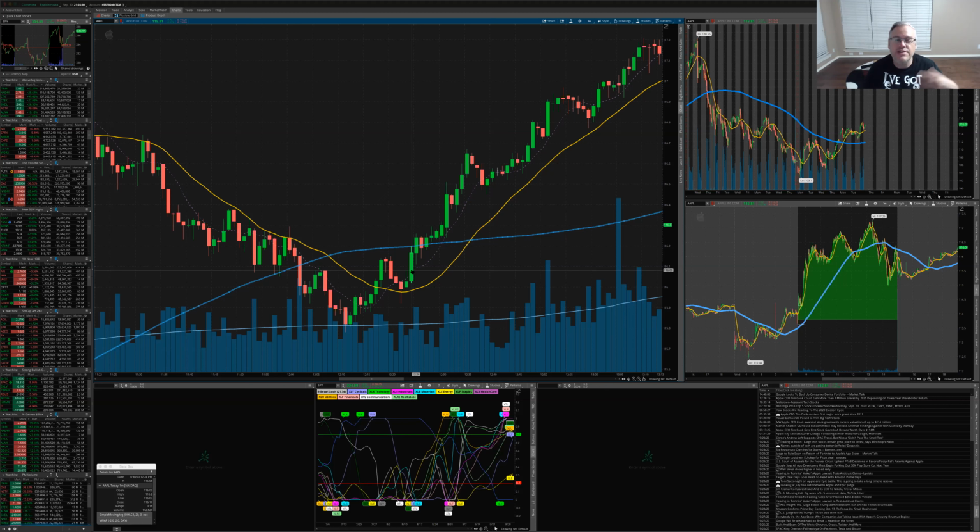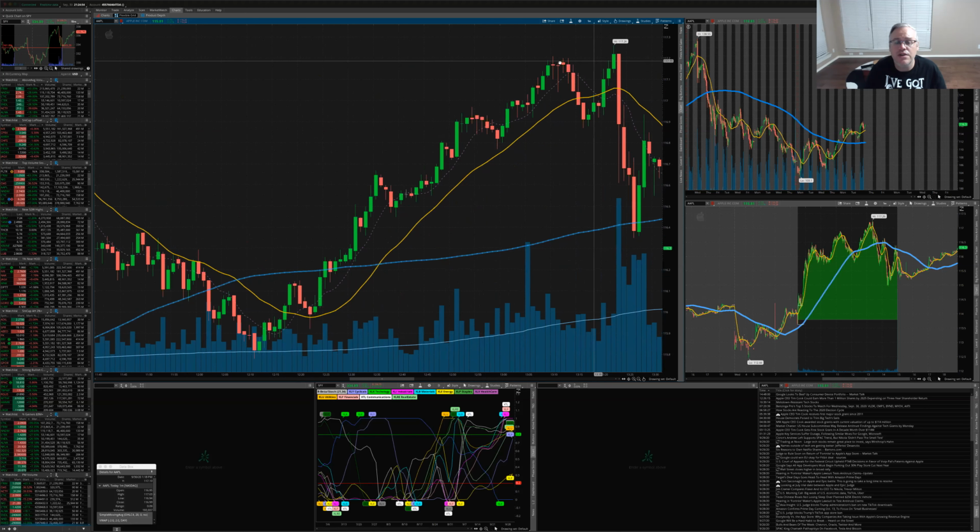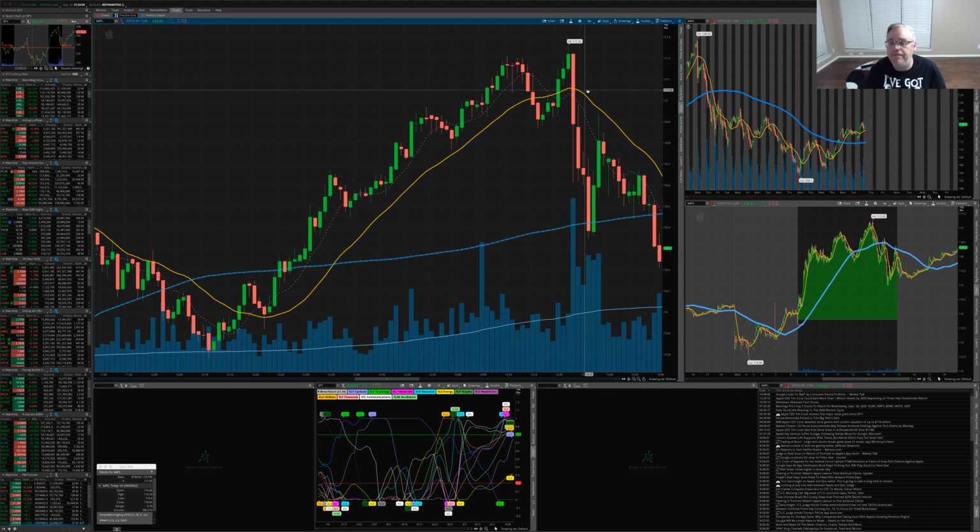Once you get used to this system a little bit, you would know that you could get in as far back as there. But you could also just get in there, and because of the rules, it would probably hold you in all the way until right there, and then it would get you back in right there, and then it would hold you in all the way to right there. So you actually captured a good 80% of that move, because then it looks like it goes really haywire.